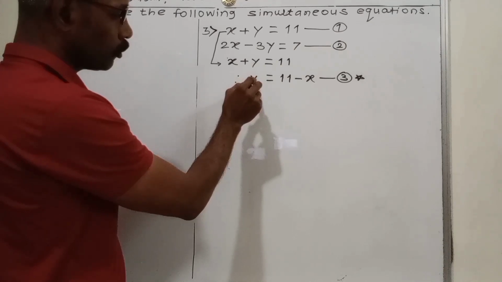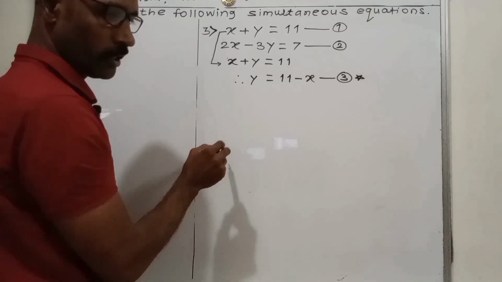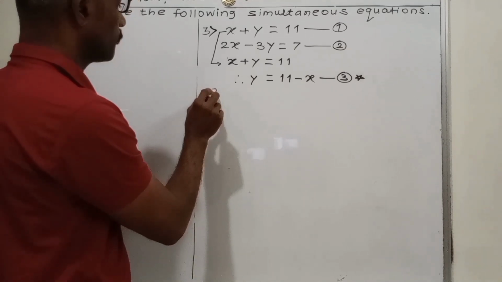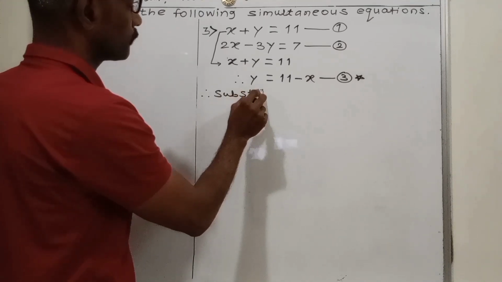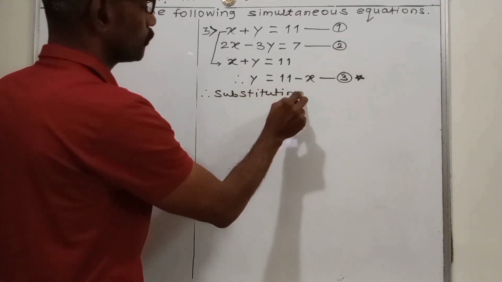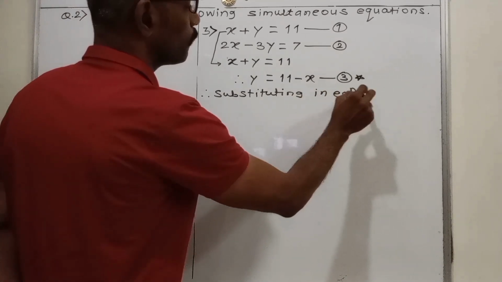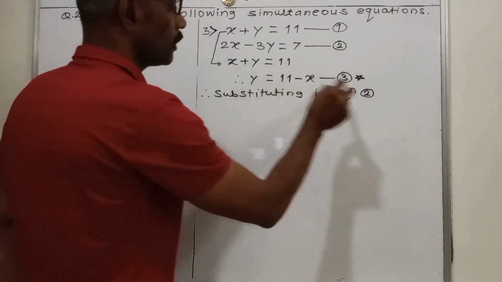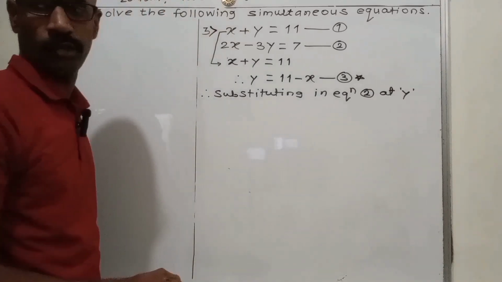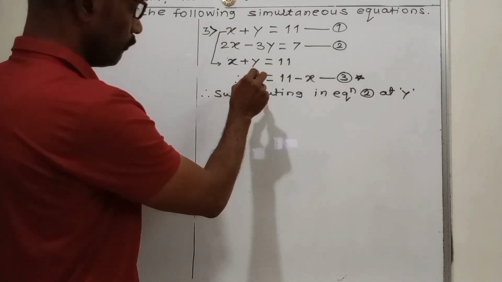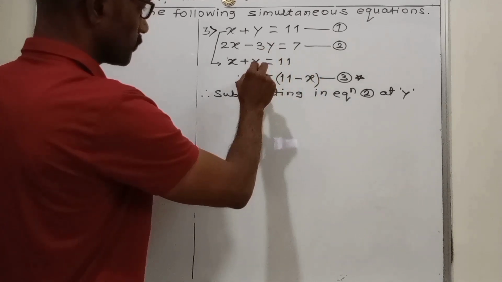Now we put the value of y in equation number 2, because we have taken the first and obtained a new one. Substituting in equation 2, we put the value of y here.